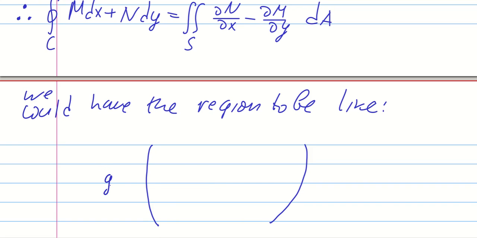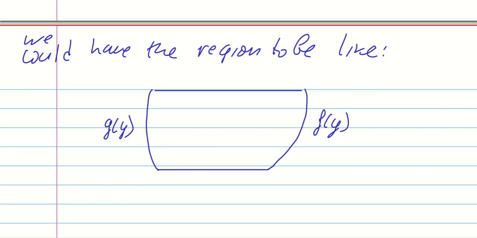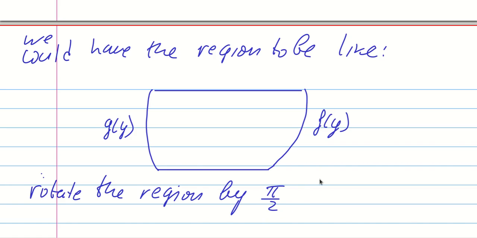Let's call this g of y and this f of y, and we have a straight line on the top and a straight line on the bottom. So this region is easy to deal with. We can just rotate it, right? We can rotate the region and put it on its side to get the previous one, by pi over 2, to get the first case.